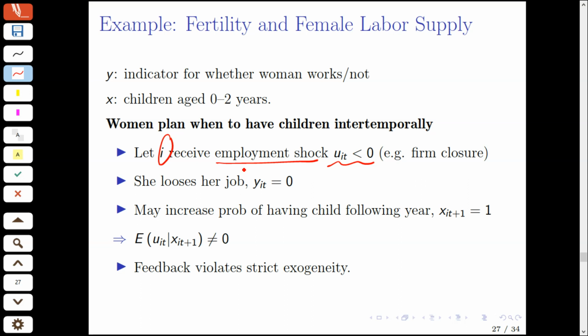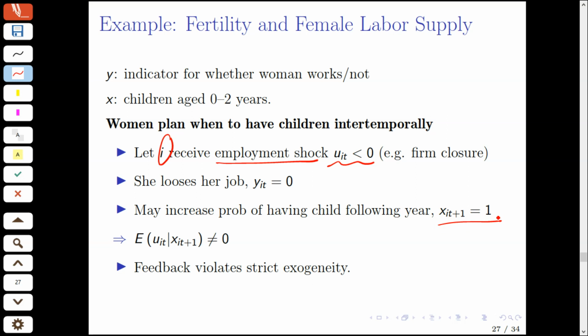Now, having all this time on your hands, the woman or the household altogether might decide that this may be a good time to try to have a child, such that it may increase the probability of having a child in the following year. In our notation, x_{i,t+1} is 1.